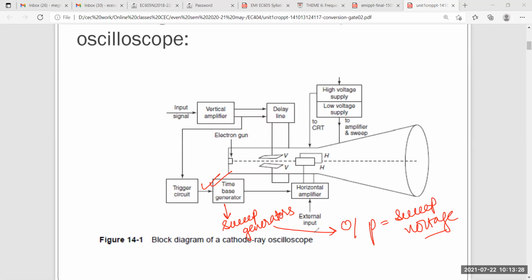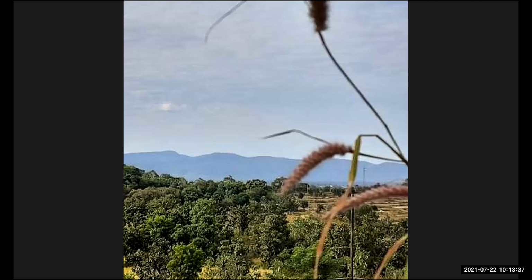It's so much detailing, so let me check one thing. Let me see the syllabus. Wait. In your syllabus you have: introduction, oscilloscope block diagram, cathode ray tube, delay line, multiple trace oscilloscope, transducers, oscilloscope techniques, digital storage oscilloscope.